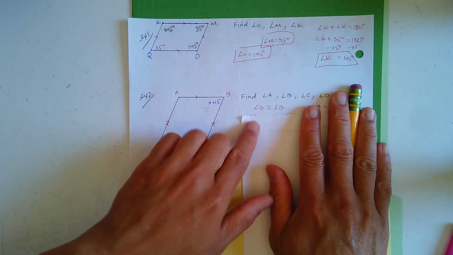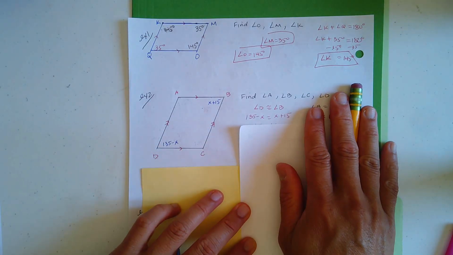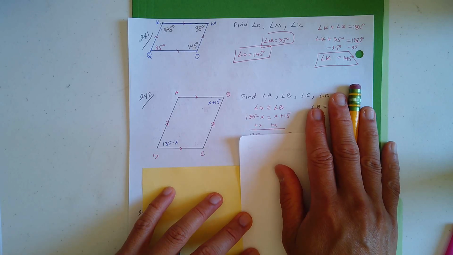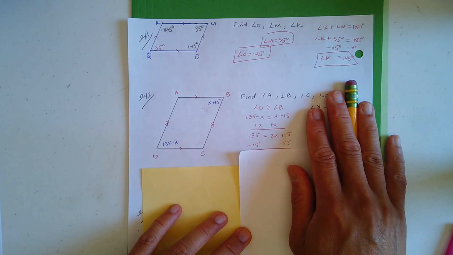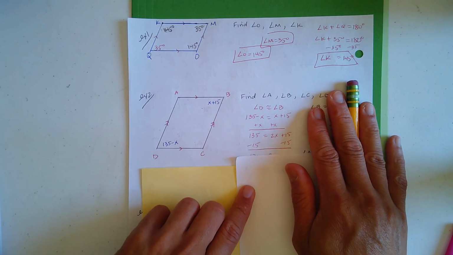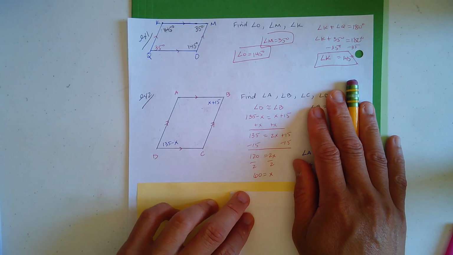Angle D is congruent to angle B. Let's substitute 135 minus x for D, x plus 15 for B. Add x to both sides, we get 135 equals 2x plus 15. Subtract 15, 120 equals 2x, and x is equal to 60.